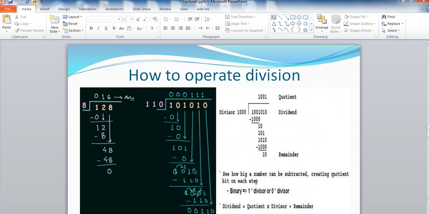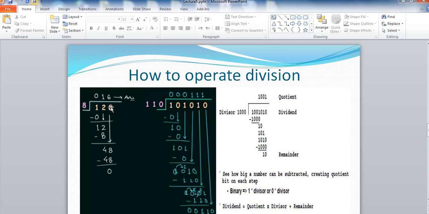Before we go to the divisor, let me revise and just divide two numbers. First of all, let's go through the abbreviations. This one we call the dividend. You have to memorize this.